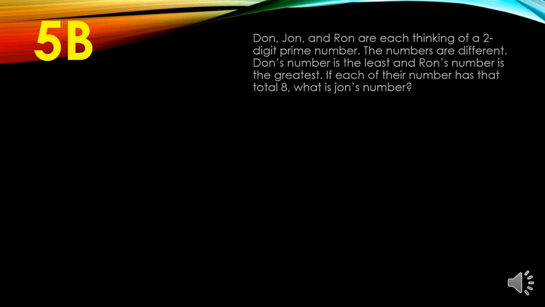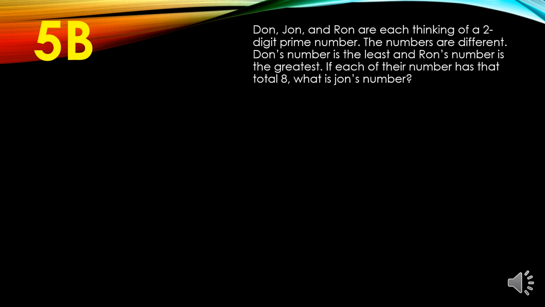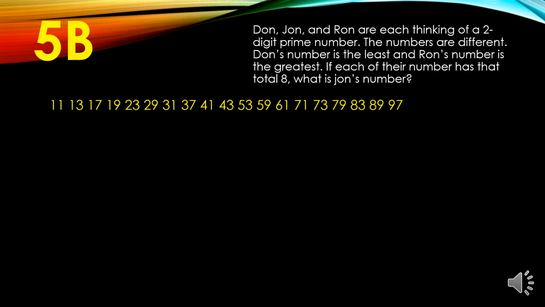Now for 5B. For 5B, Don, John, and Ron are each thinking of a two-digit prime number. The numbers are different. Don's number is the least and Ron's number is the greatest. If each of their numbers has a total of 8, what is John's number? First, I will list all the prime numbers that are two digits.